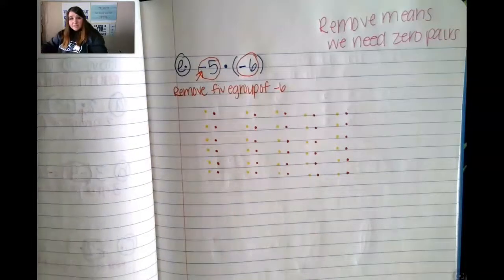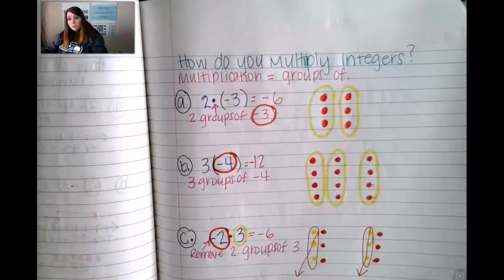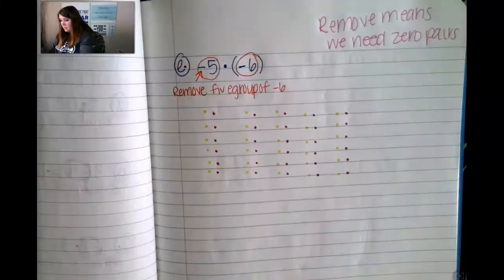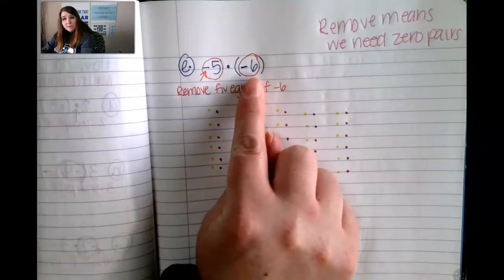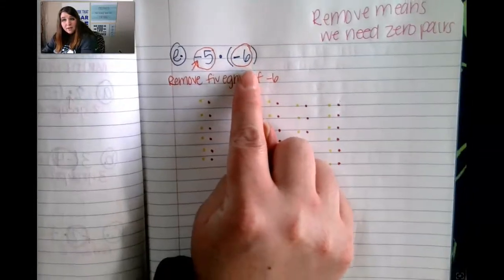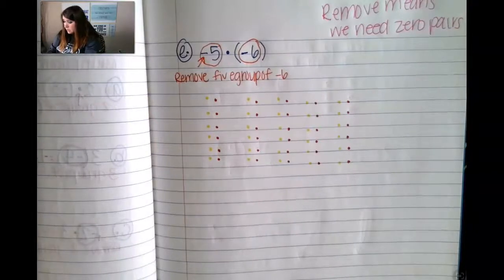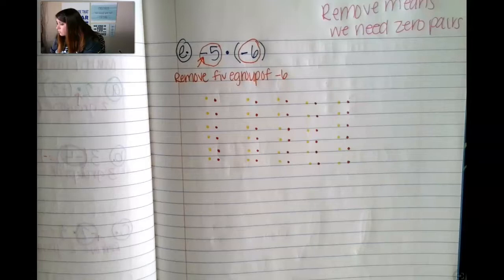So on this last page, when we had to remove something, we were removing the positives. This one says we're removing the negatives. So I'm going to take 5 groups and remove all of the negatives.